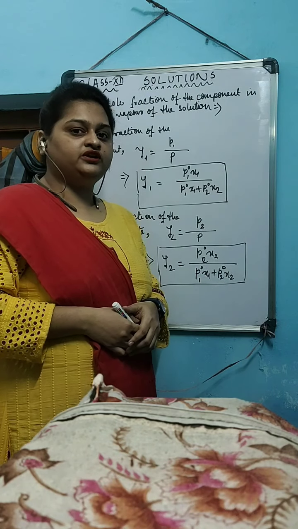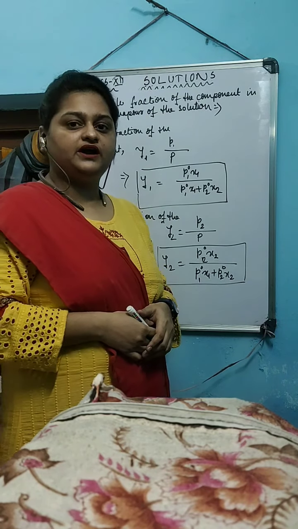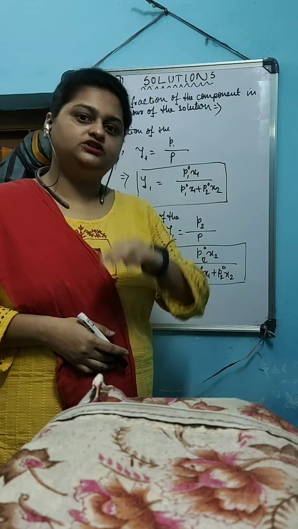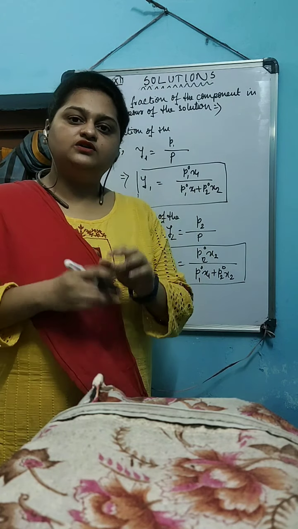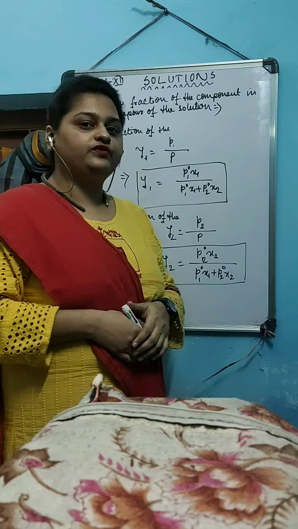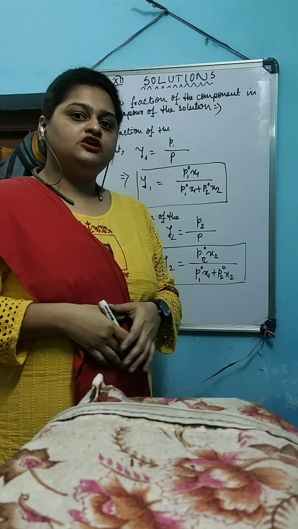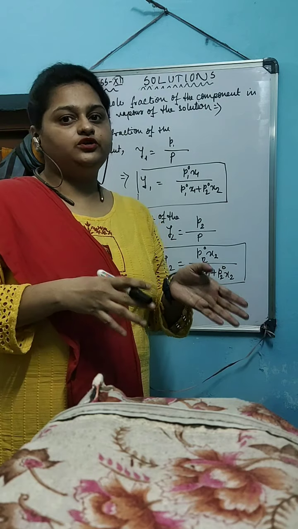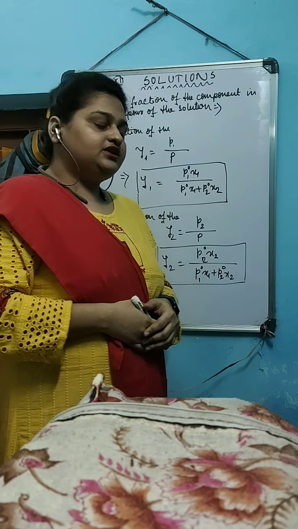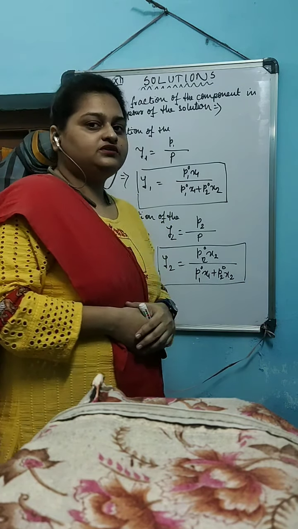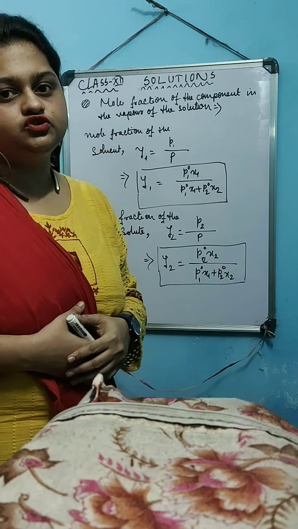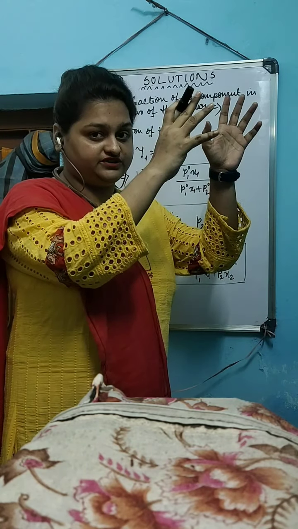The mole fraction of a component in a mixture is given by the partial pressure of that component divided by the total pressure. The same concept can be applied here to find the mole fraction of the solute and solvent in a mixture of a volatile solute and volatile solvent. Let's take Y1 as the mole fraction of the solvent in the vapor phase.